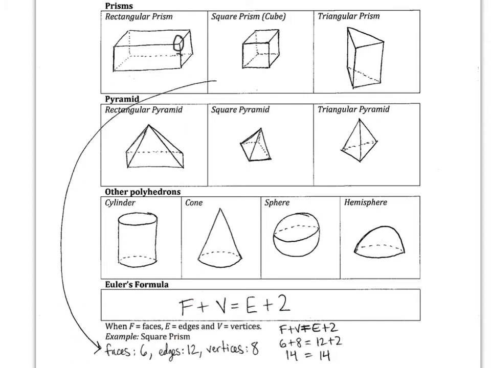A square prism, which is up here, has 6 faces, 12 edges, and 8 vertices. So if we plug it into our formula, we see that 14 equals 14. So if any of these are missing, then we can find the missing number if we have the others.